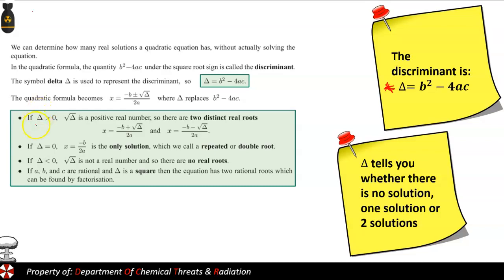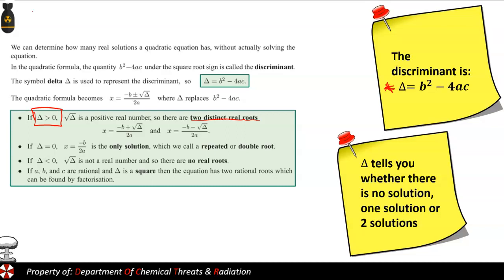And specifically, we have three outcomes. If delta is greater than 0, so if this b squared take 4ac gives you a number that's greater than 0, then square root of delta has to be a positive real number. That means that we have two distinct real roots, two solutions, and they're distinct.